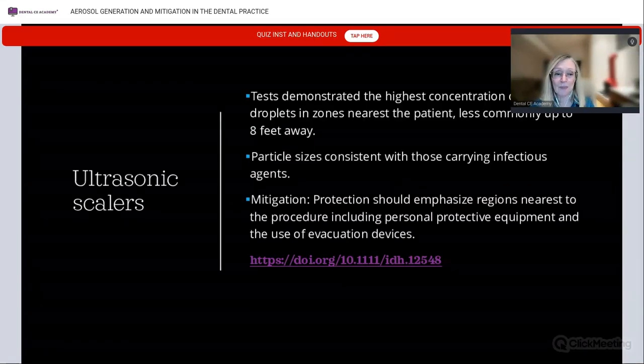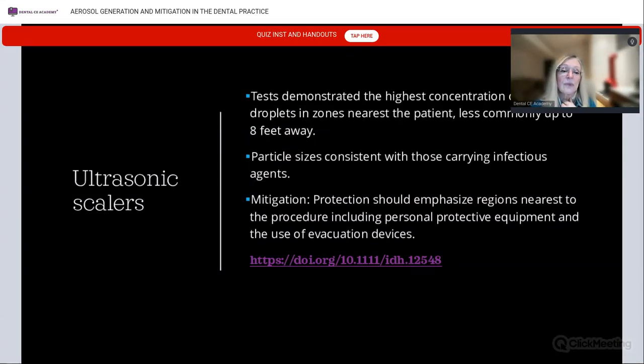All right, so ultrasonic scalers, many of our hygienists here this evening and our dentists that are using ultrasonic scalers emit ultrafine particles. Most of the particulate matter is ultrafine. You want to make sure that you are connected to a water source that is being tested and treated, that you're autoclaving your ultrasonic scaler parts, right?